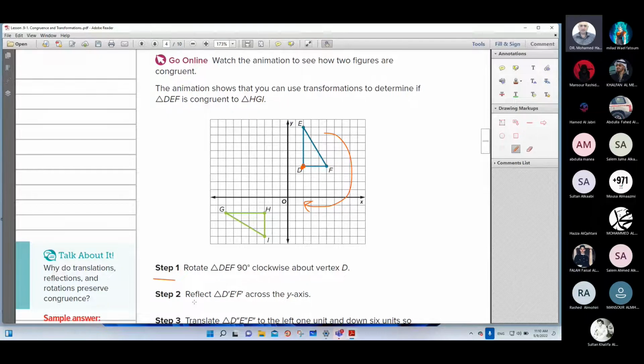And in the second step, we reflect D prime, E prime, F prime across the y-axis.